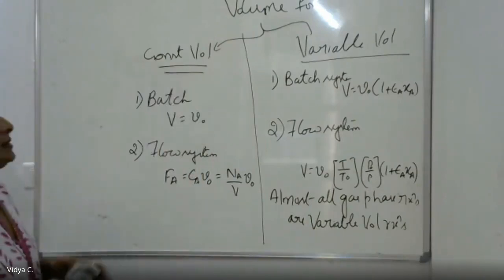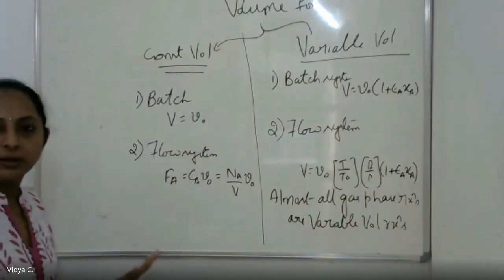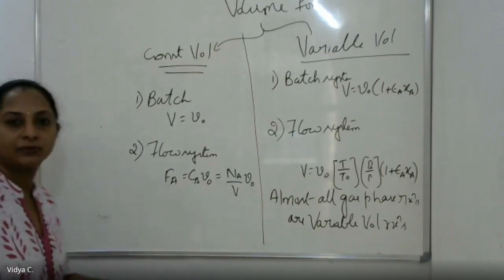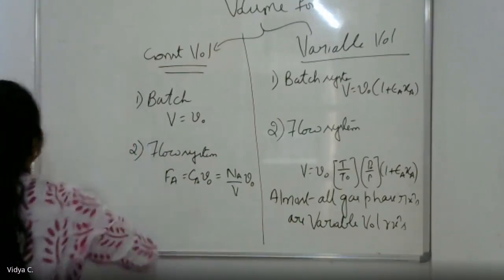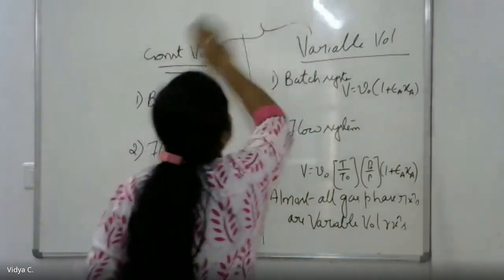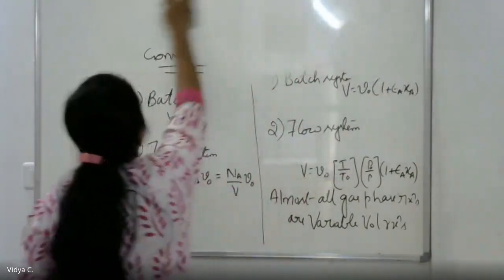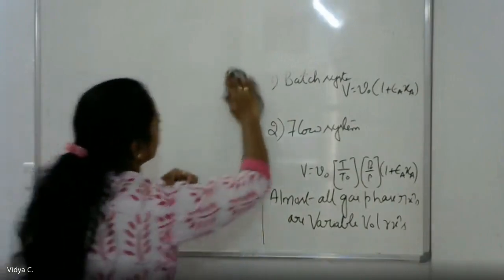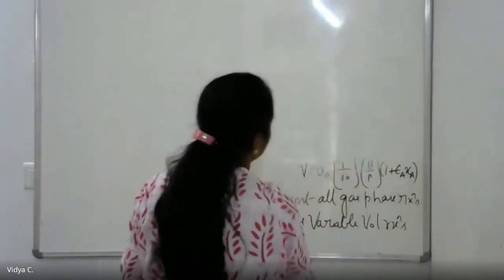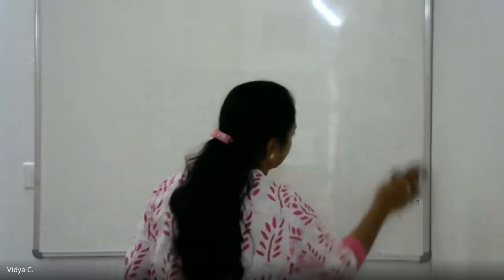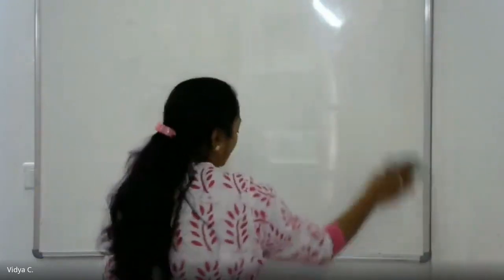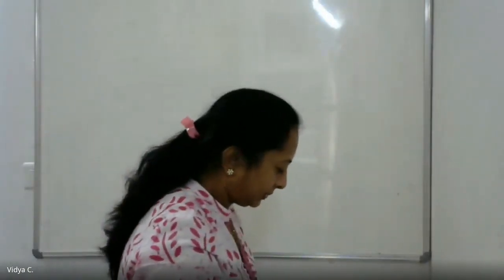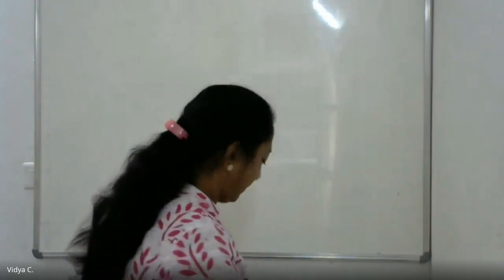Okay? Yes. Let us summarize some more formulas, whatever you have learned till now, and end the session. Make a note of this. Let me check what formulas I have summarized for a constant volume system and then come back to a variable volume system.